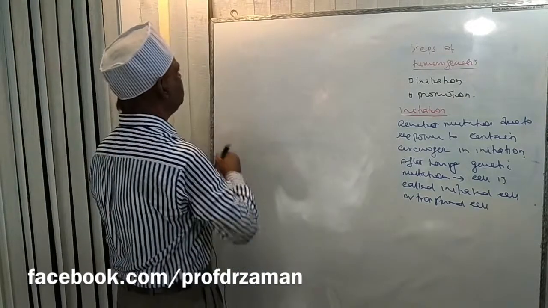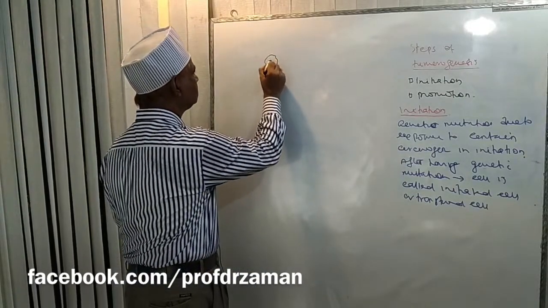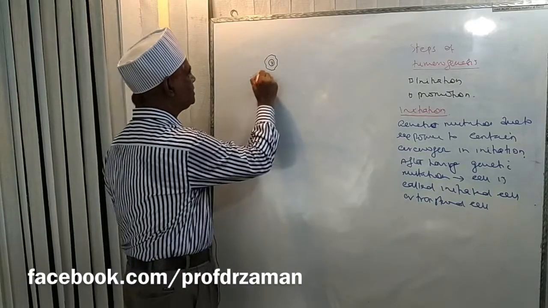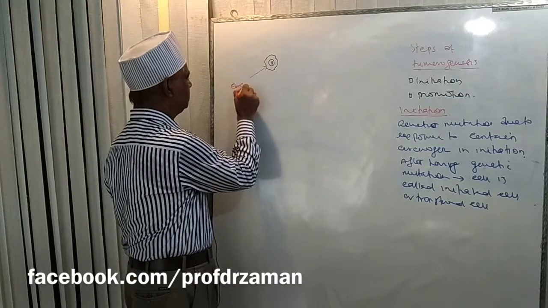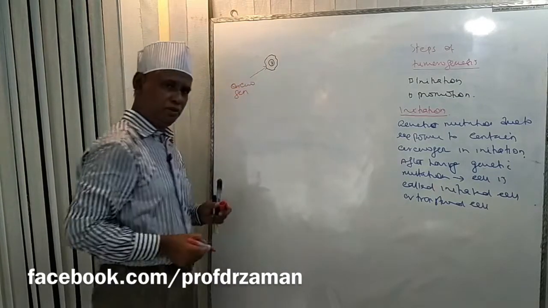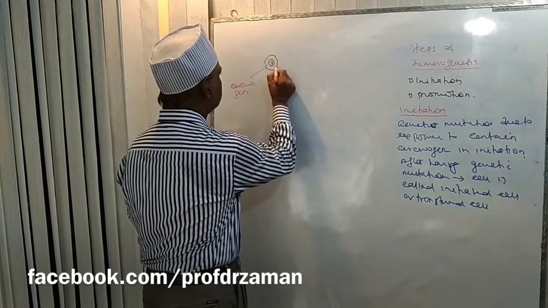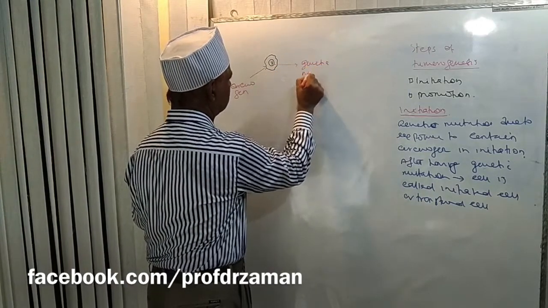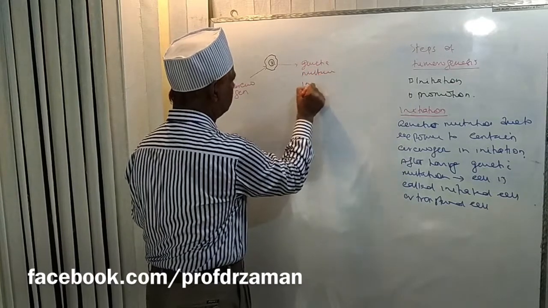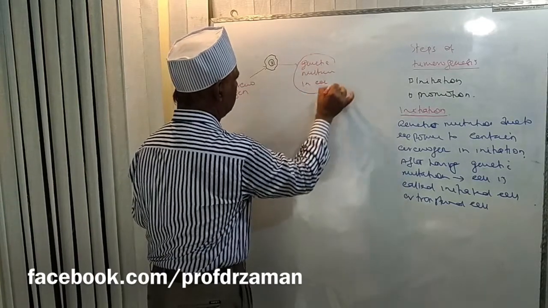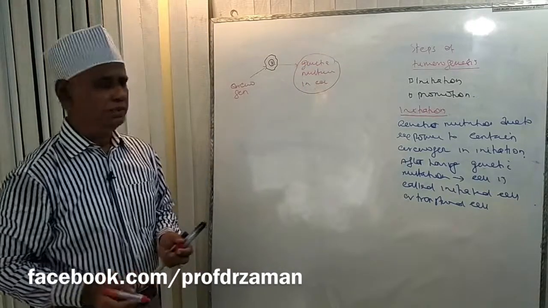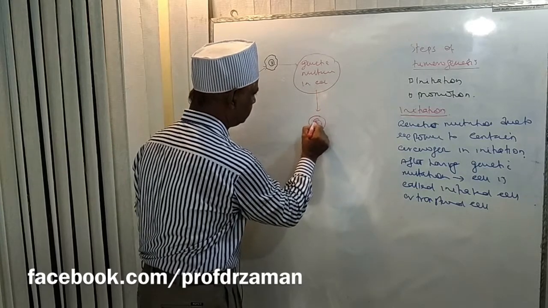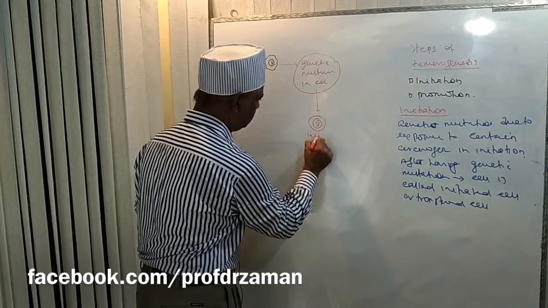Dear audience, if this is a cell, nucleus, chromosome, and if this is the appropriate carcinogen, there will be genetic mutation in cell. And with the genetic mutation, the cell is known as initiated cell.